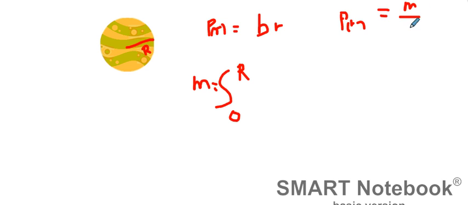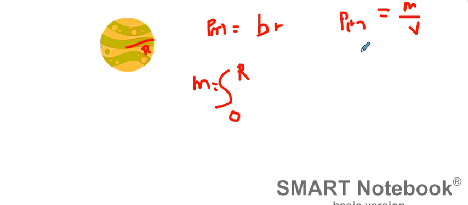Now we just have to remember that we need to get mass. Mass is going to be the integral from 0 to r, and I'm integrating then, so we have to remember that rho sub r does equal mass per volume.